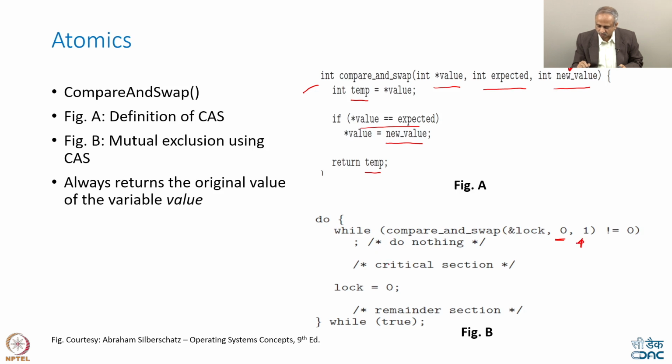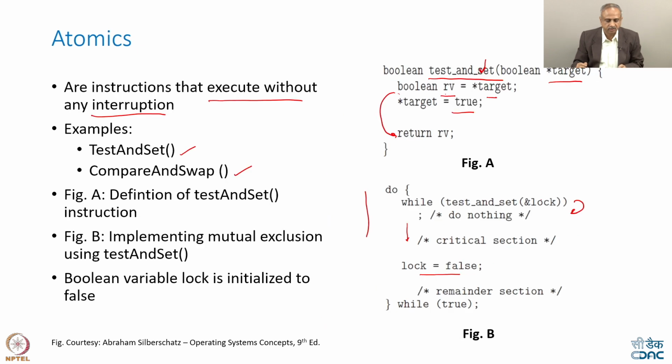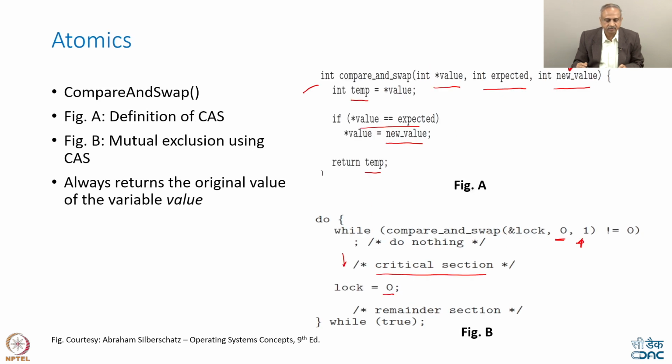So in this case, you call it, and if it returns 0, then it proceeds, you perform the critical section, and when it is over, make the lock 0 and then the code proceeds. So these are the two ways of implementing a mutex. One, as we saw here, was test and set, and the next one is compare and swap.